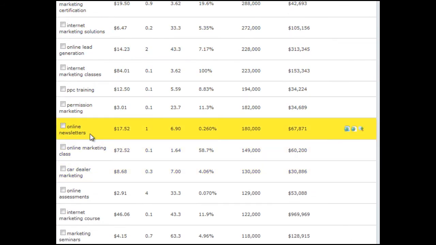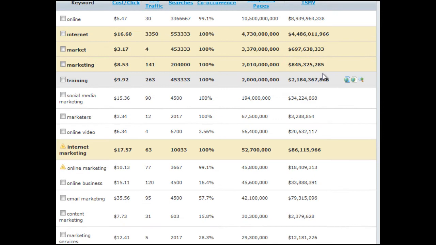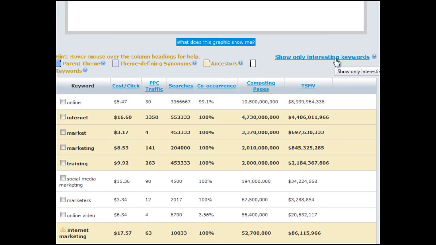So that's where you have to dig just a little bit more when you get a really low percentage like that, and normally you wouldn't even see it. You have to go into this second screen where you show all of the keywords in order to see those types of keywords.